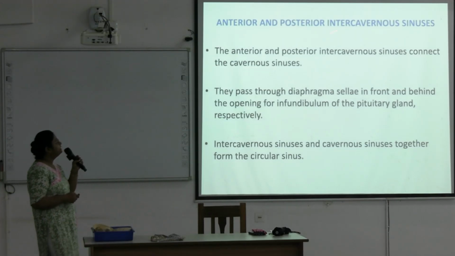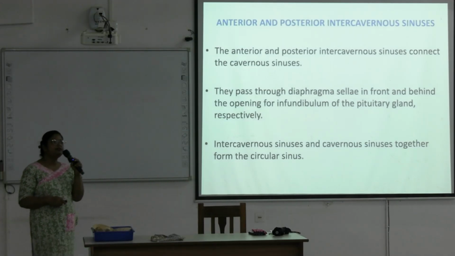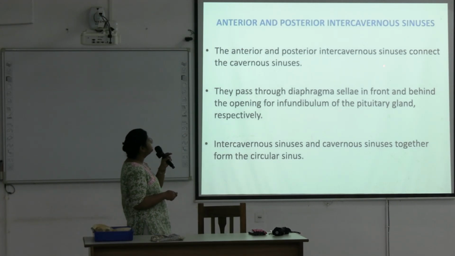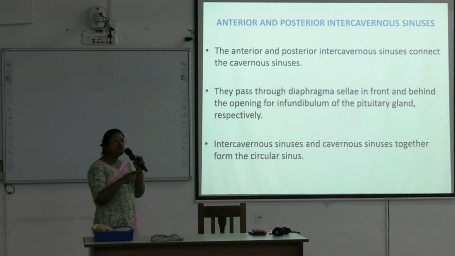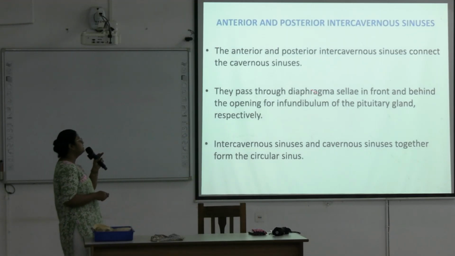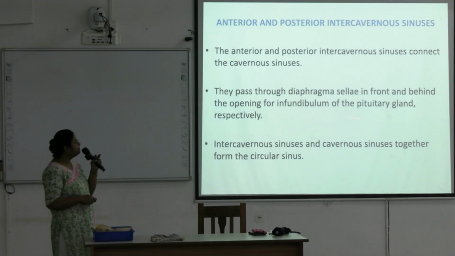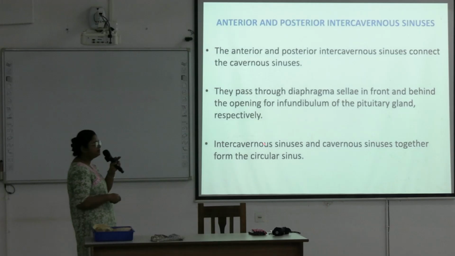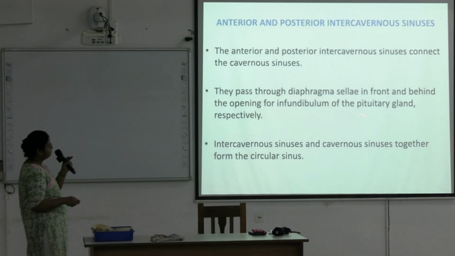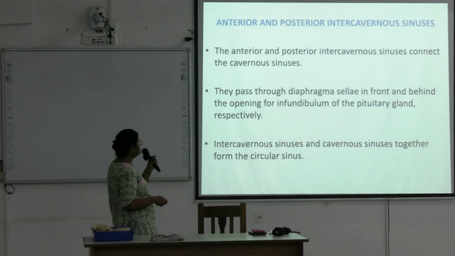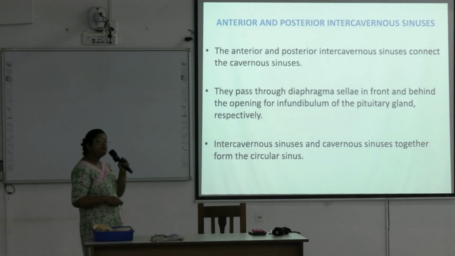Next are the anterior and posterior intercavernous sinuses. The anterior and posterior intercavernous sinuses connect the two cavernous sinuses on each side, and they pass through the diaphragma sellae in front of and behind the opening for the infundibulum of the pituitary gland respectively. Intercavernous sinuses and cavernous sinuses together form the circular sinus.